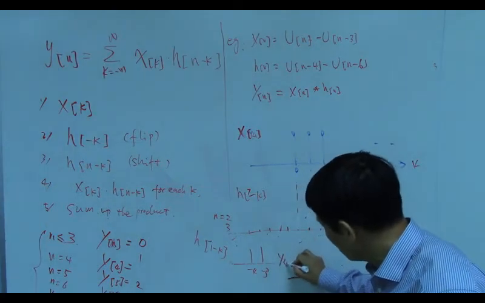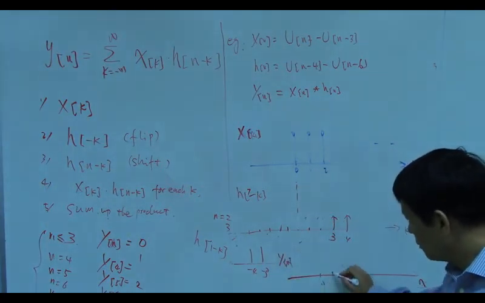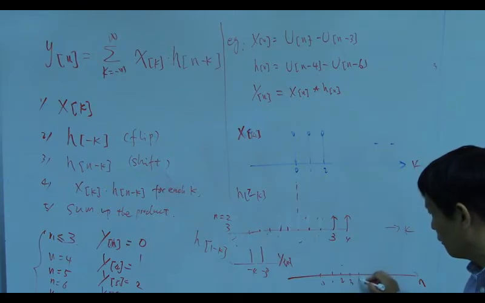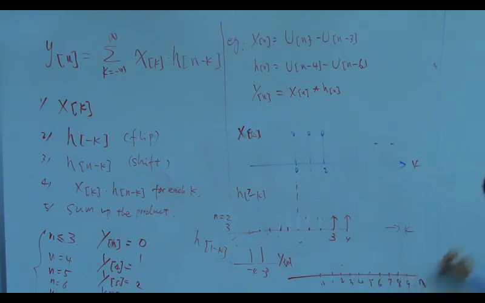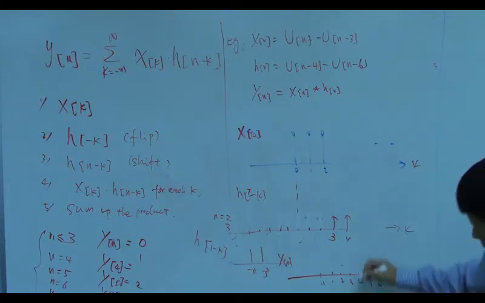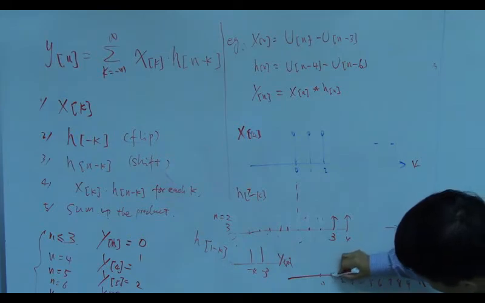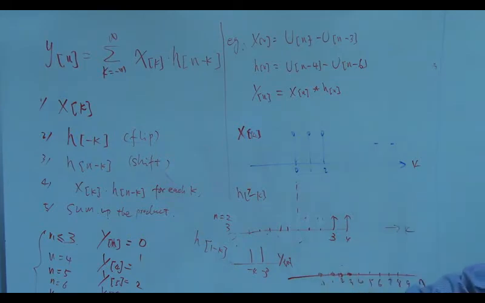So this is y[n] here, and 0, 1, 2, 3, 4, 5, 6, 7, 8, 9. Okay, so the output plot will be, before 3, you get nothing. You need to mark clearly with this circle or dot on this one, meaning this one equals 0.